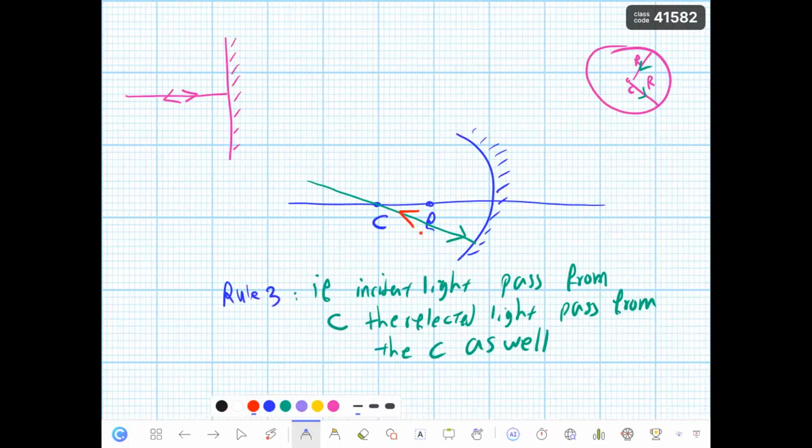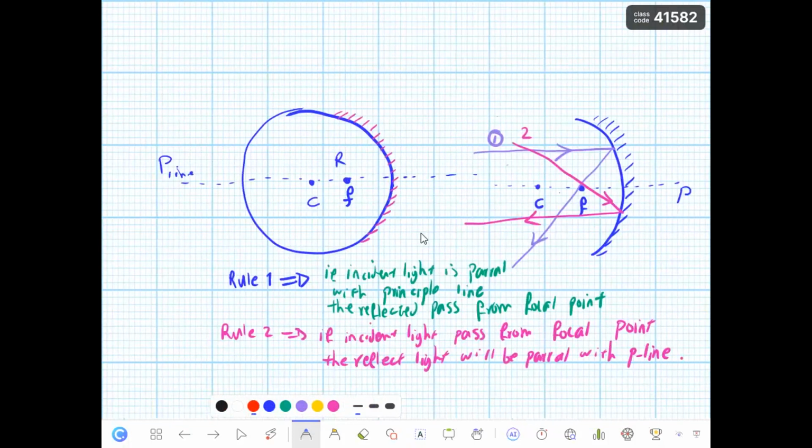Three rules we have learned for the concave mirror. Incident light parallel to the principal line, the reflected one passes through the focal point. Incident light passing through the focal point, the reflected one will be parallel to the principal line.